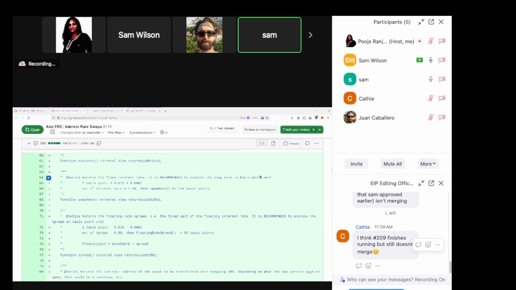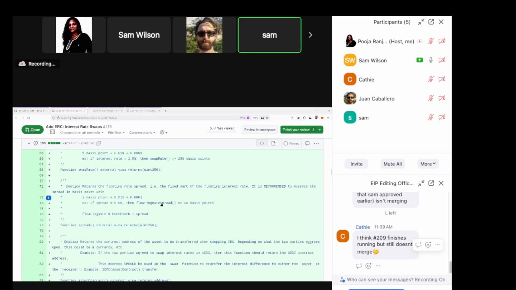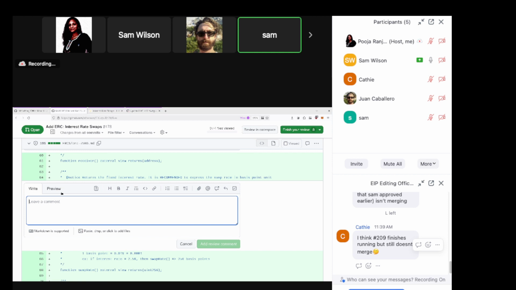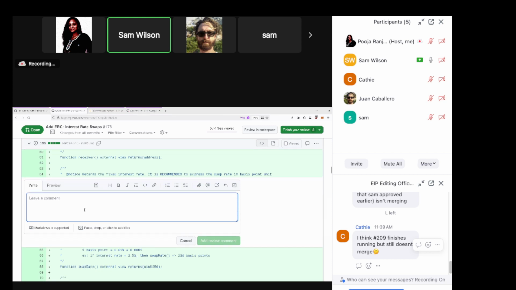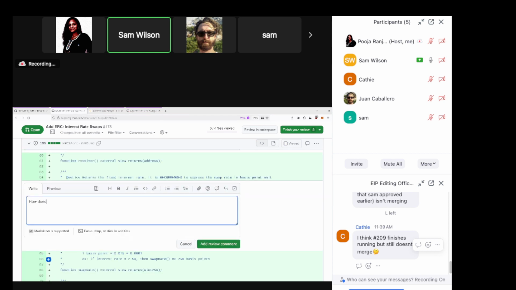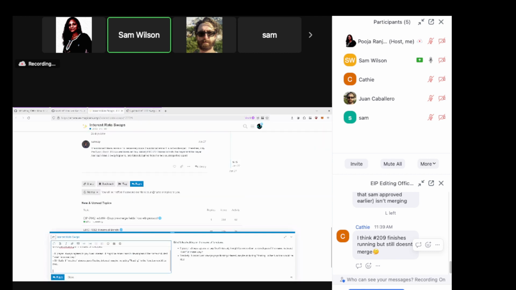So swap rate, basis point unit. Okay, actually, that would be a separate thing over here.